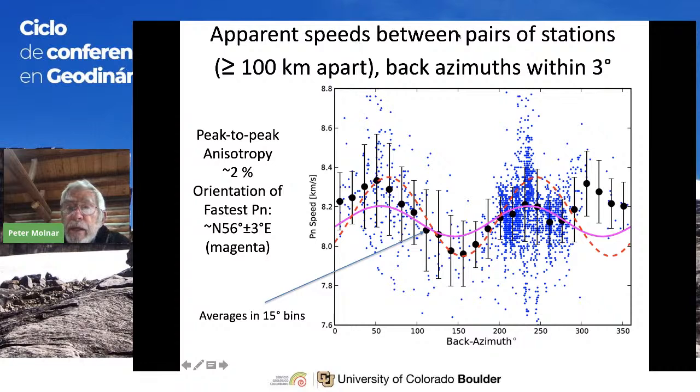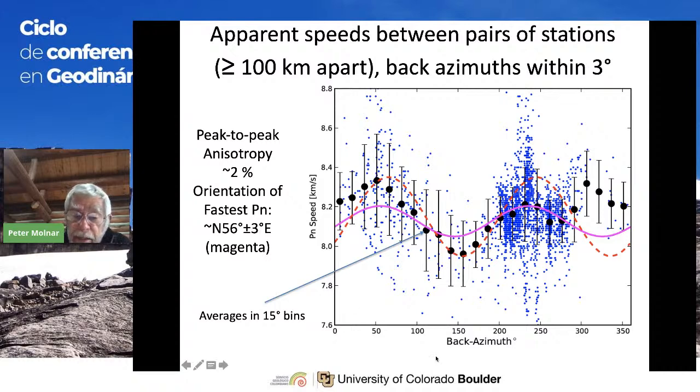These are apparent speeds between pairs of stations that are at least 100 kilometers apart, and their back azimuths are within 3 degrees. So these are measurements of speeds where the path is very nearly between the two stations. And because they're 100 kilometers apart, the average speed is the speed in the mantle. The crust has been taken out of this.